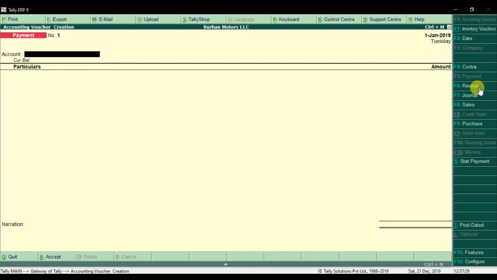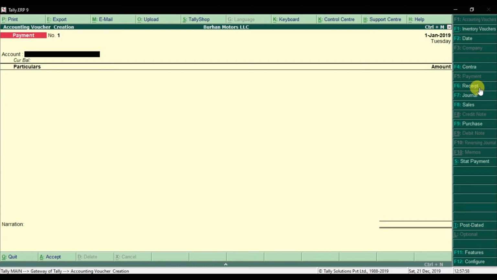A bank loan, yes, receipt. All the money which you receive. But if you are receiving petty cash from the bank account, that is contra, because debit and credit are petty cash and bank.